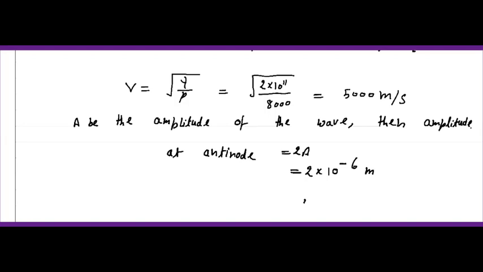So here the amplitude A is equal to 10 raised to power minus 6 meter.